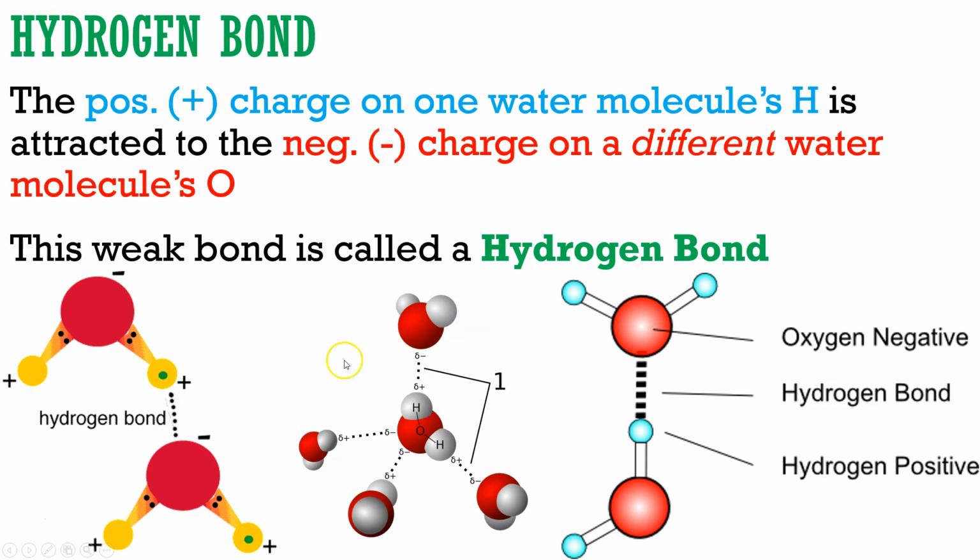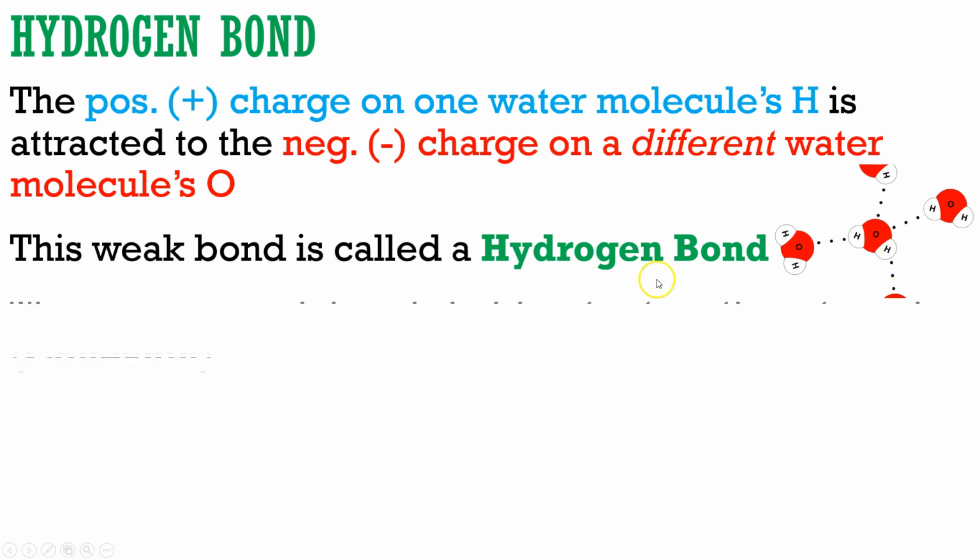Now, if you look at a molecule right here in a more accurate representation, you can see the partial positives and partial negatives. One water molecule is actually forming a bond with 4 other water molecules. This is important, as we'll see. So again, one water molecule forming a partial weak hydrogen bond with up to 4 other water molecules at the same time.